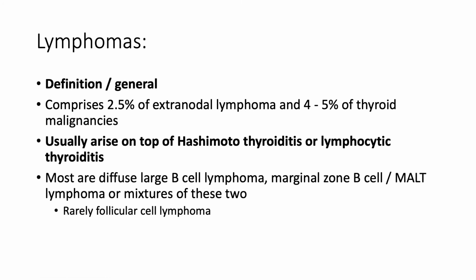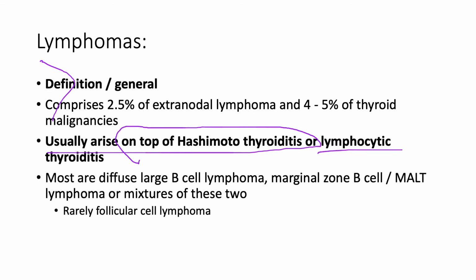Lymphomas: it is not uncommon to get lymphomas in the thyroid. The lymphomas arise on top of Hashimoto's thyroiditis, which you need to remember. The lymphomas seen are usually marginal zone lymphomas, low grade lymphomas, or high grade diffuse large B cell lymphoma, or DLBCL.